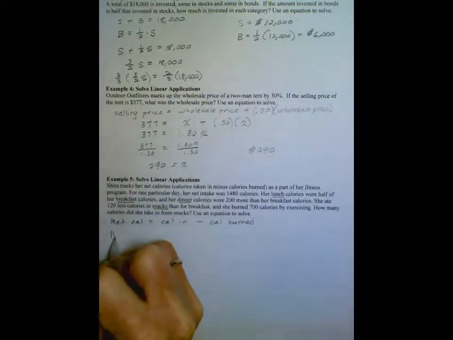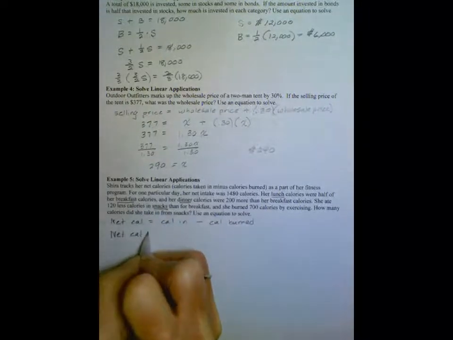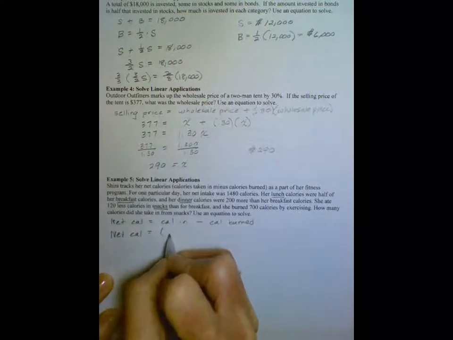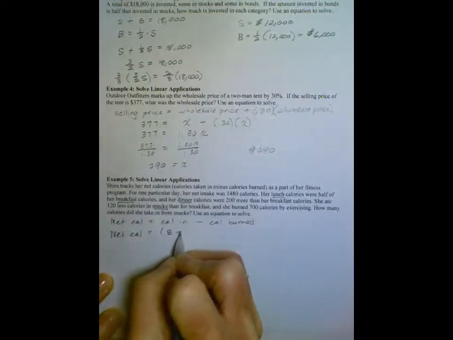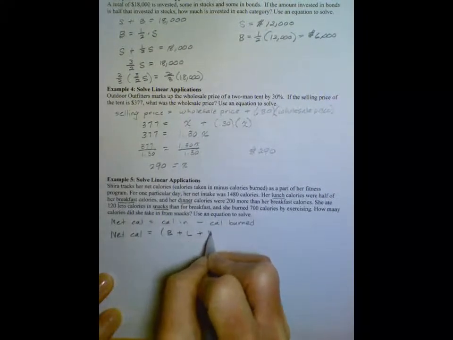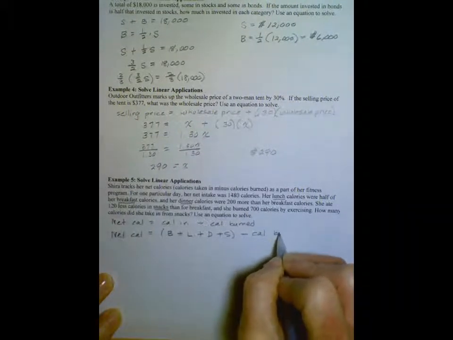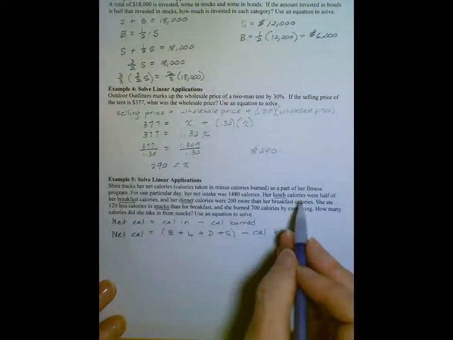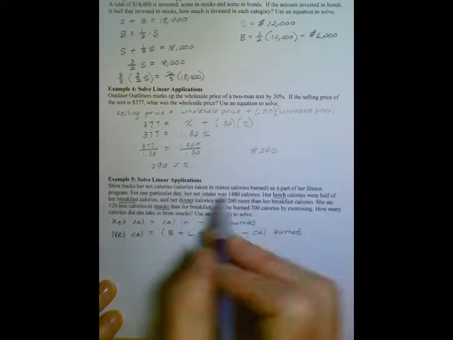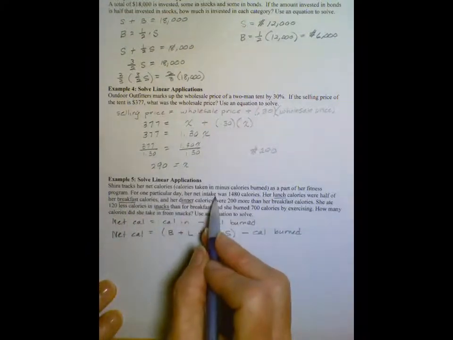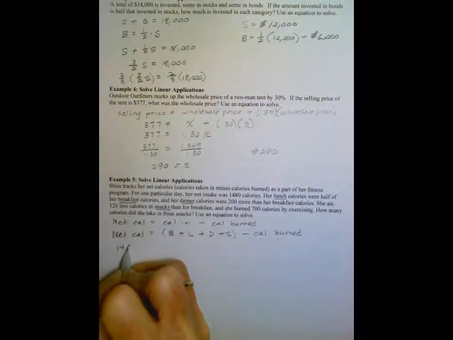So I'm going to rewrite this now with some abbreviations. Her calories in come from, we'll put them in order, breakfast plus lunch plus dinner plus snacks, and then subtract calories burned. A lot of variables here, but we'll figure out how to handle this because they're going to give us some information. Now we can start filling in. For one particular day, her net intake was 1480.